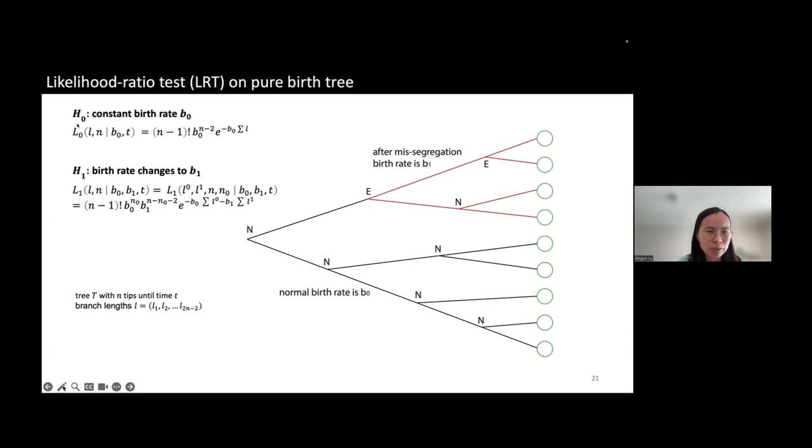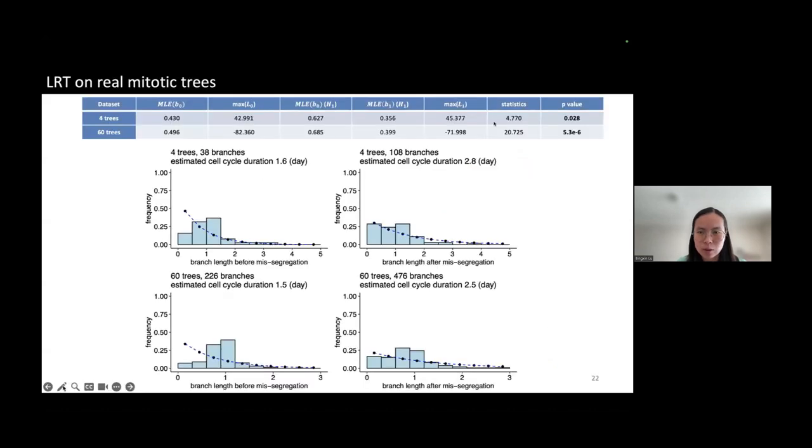We have the null hypothesis of constant birth rate and the alternative hypothesis in which the birth rate will change to a different value after missegregation. And using this test and the aggregated data, we find a significant difference before and after missegregation.